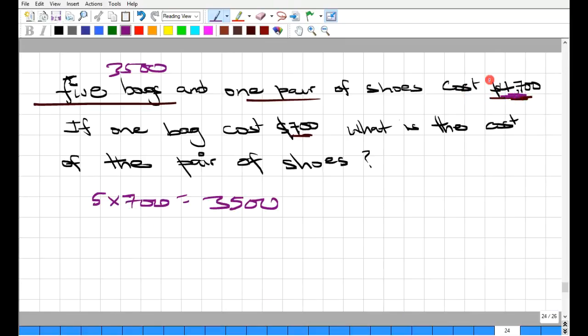And the total would be 4,700. So we need to know what the cost of the shoes is.